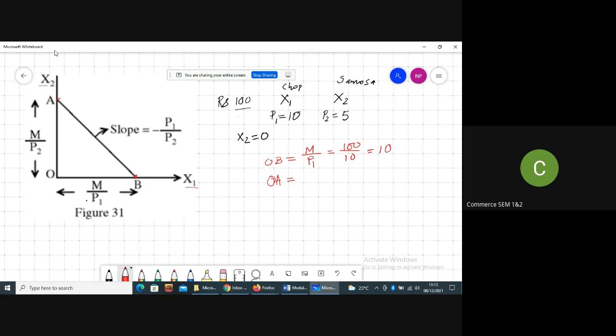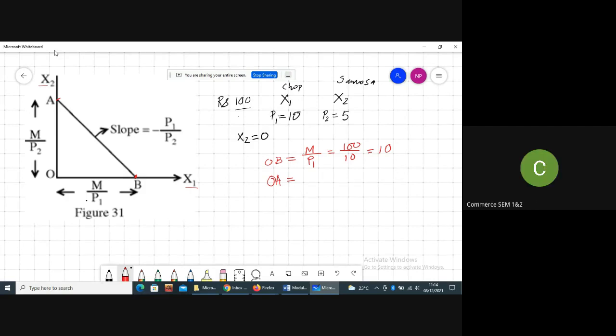So how many X2 can you purchase at most if you do not purchase X1 at all? OB is 10, so OA is 10? No, OA will not be 10, because we are not purchasing X2... Sir, 20.